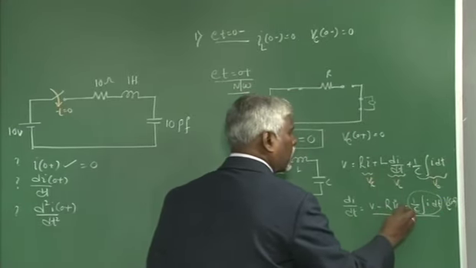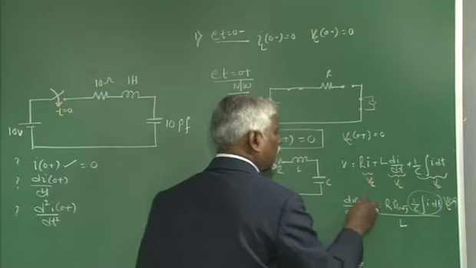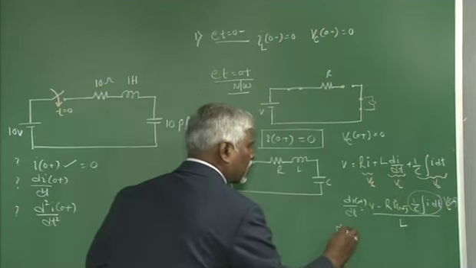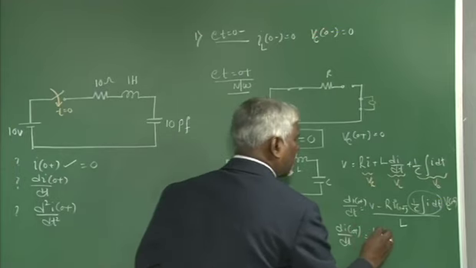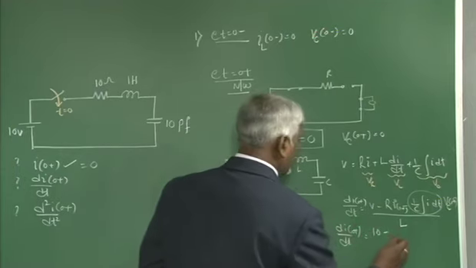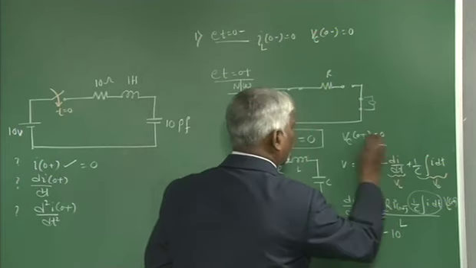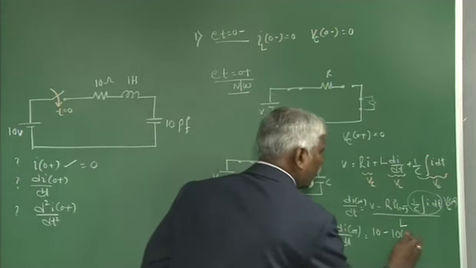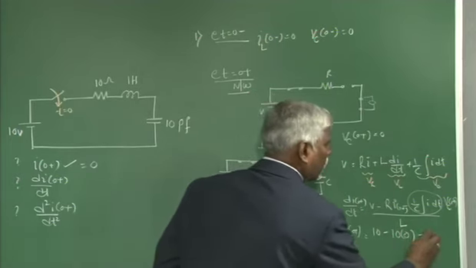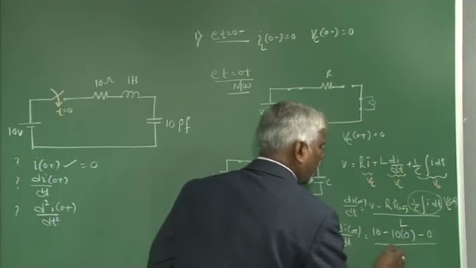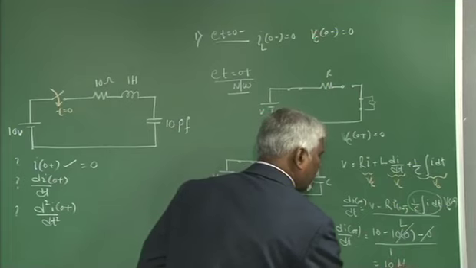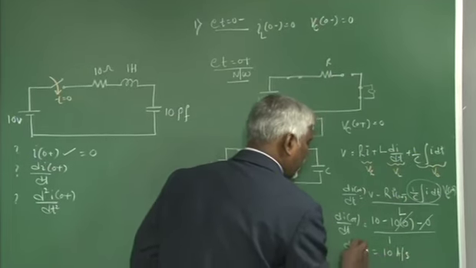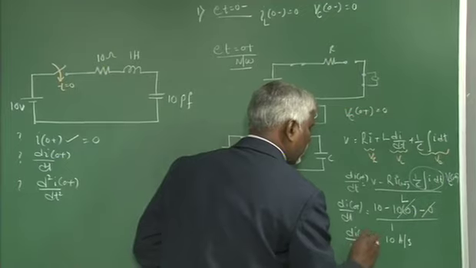So, if I want to substitute the values at 0 plus, di by dt at 0 plus will be V is 10 minus resistance value is 10, I at 0 plus is 0, voltage across the capacitor is 0, divided by L is 1. This term goes to 0, it is 10 amps per second, which is di by dt at 0 plus.